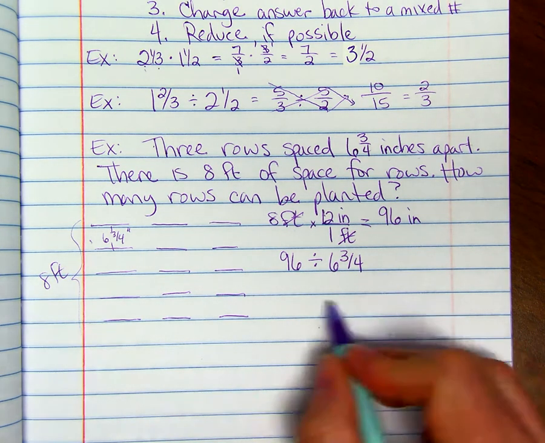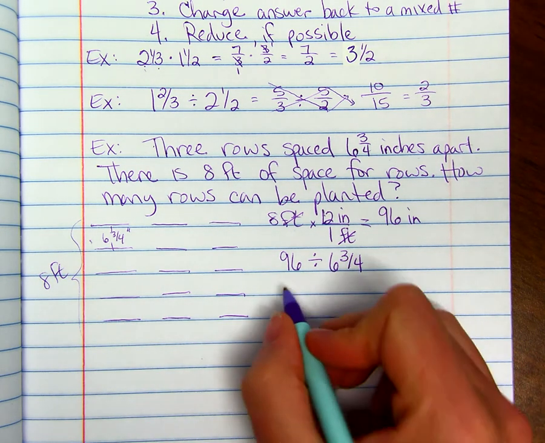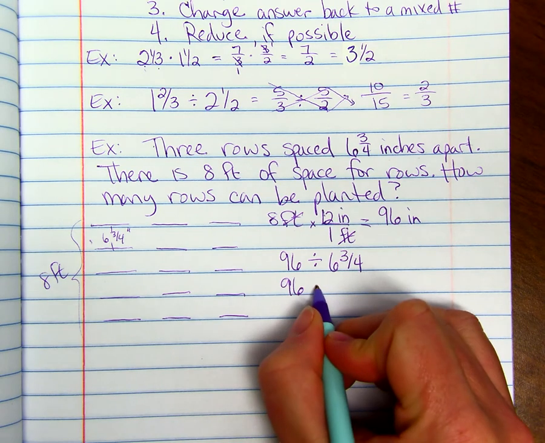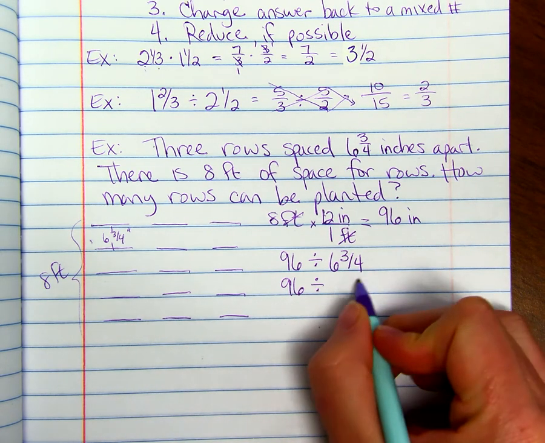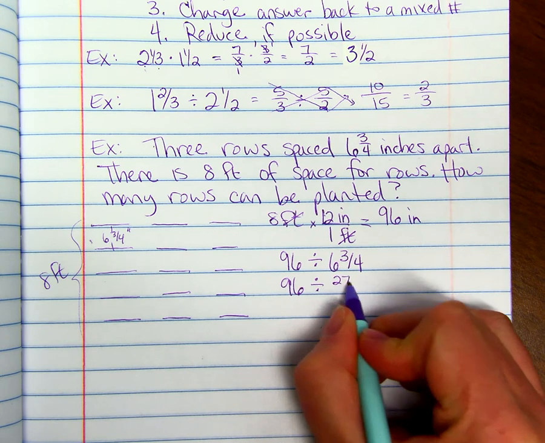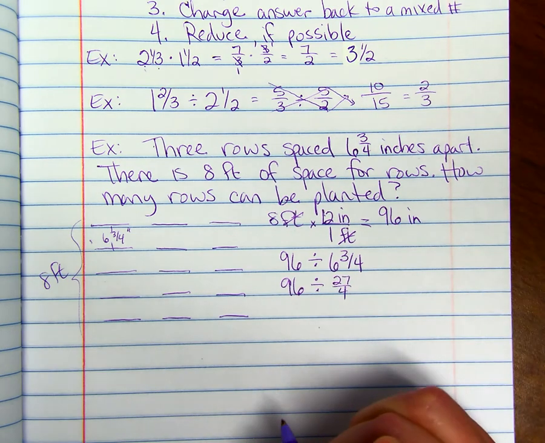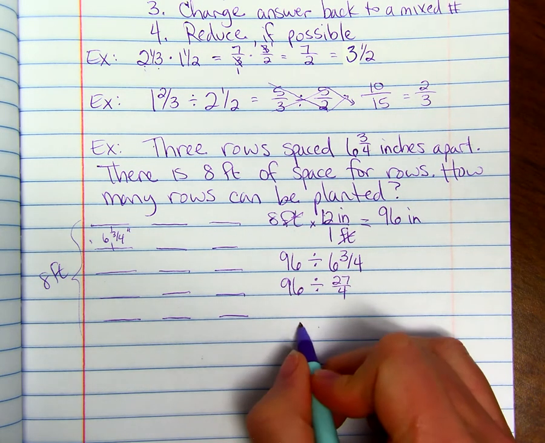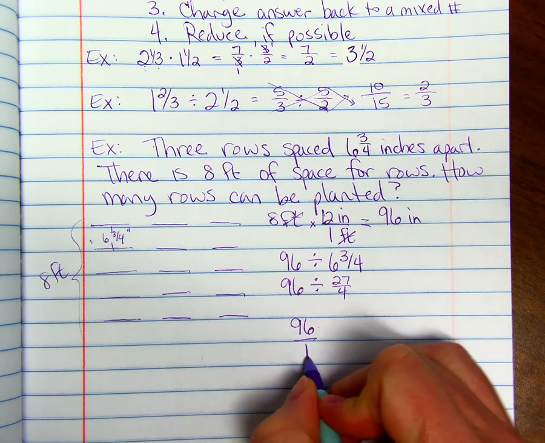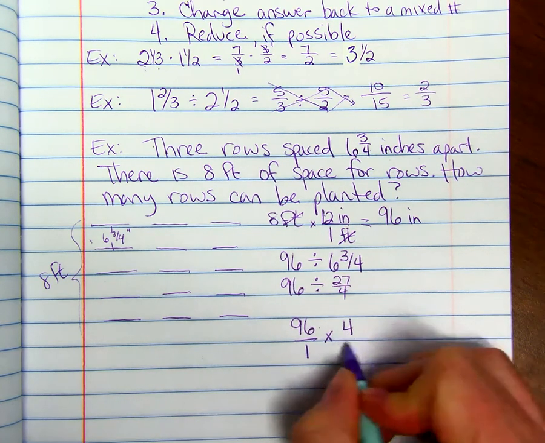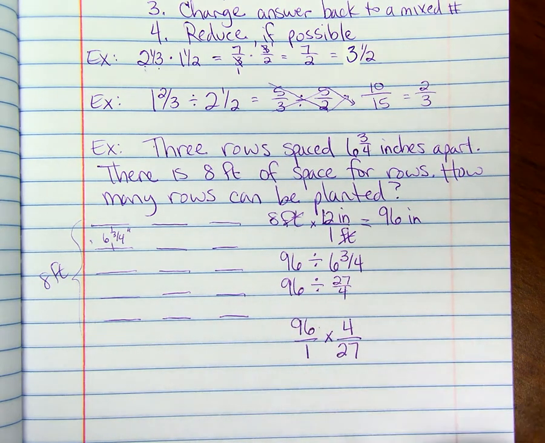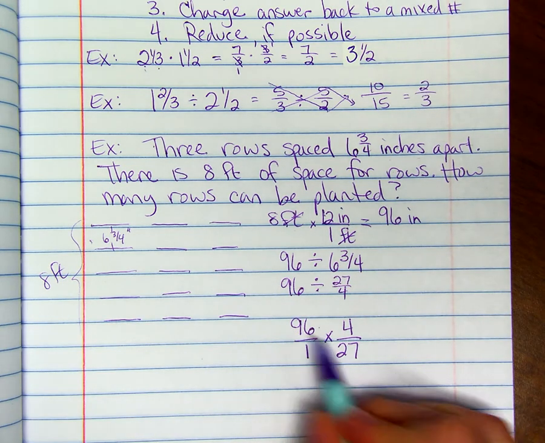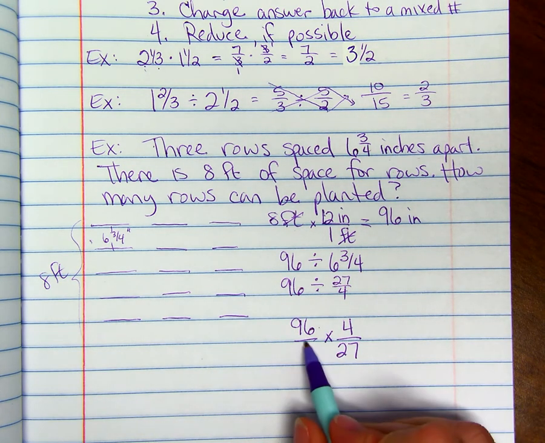And we change 6 3/4 into an improper fraction, and we get 24 plus 3, 27/4. Then this time let's do the keep it, change it, flip it. So we have 96 over 1 times 4 over 27. 3 goes into both, well, let's see, does 9?